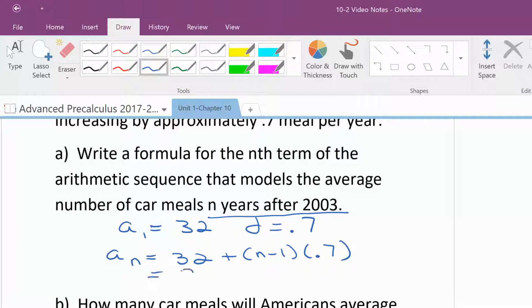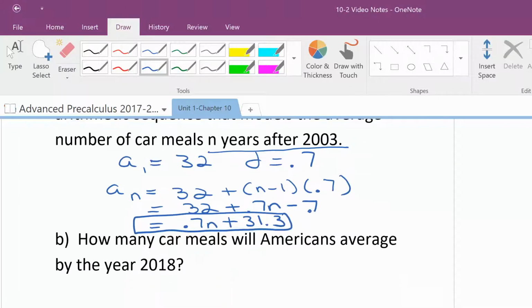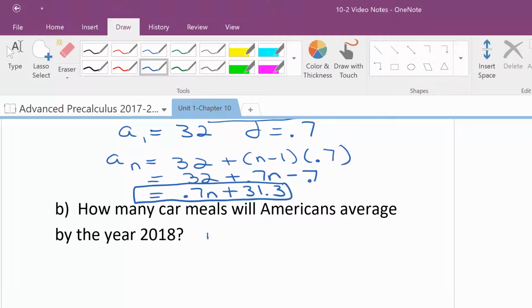When you distribute, you get 0.7n minus 0.7. So it's going to be 0.7n, and then 32 minus 0.7 is 31.3. And that is your formula. In 2018, n is equal to 15.